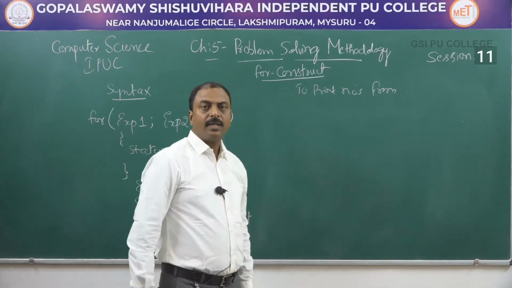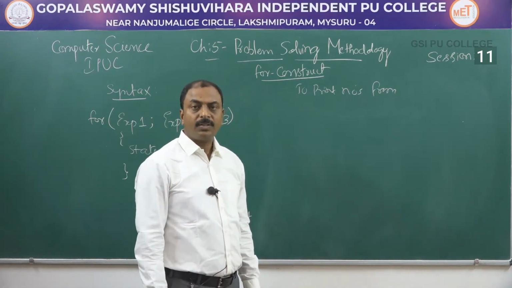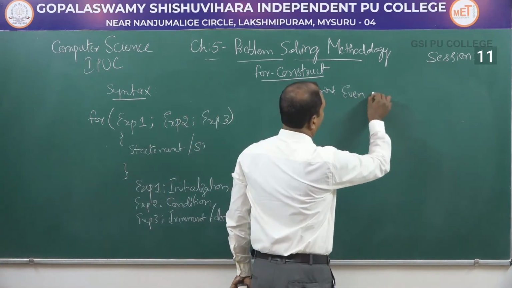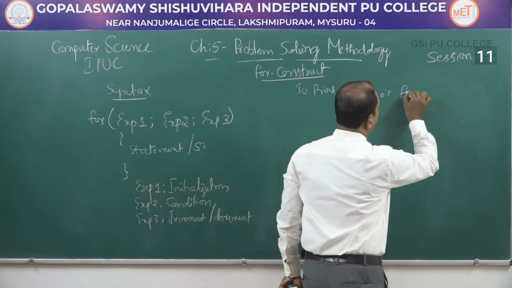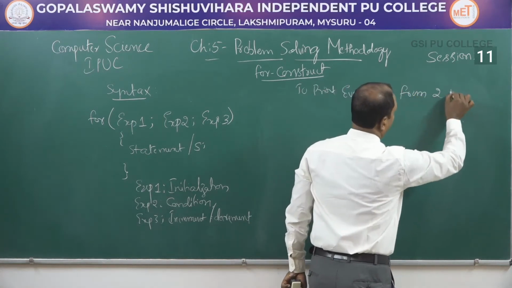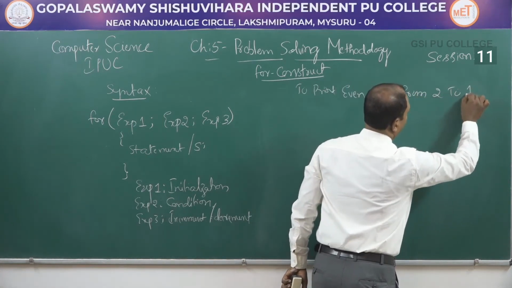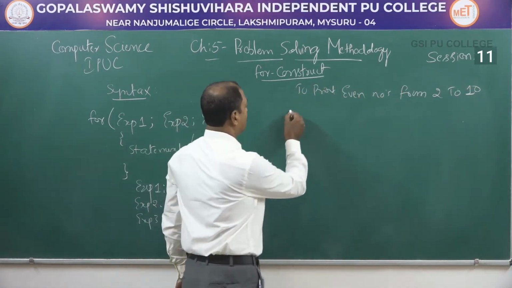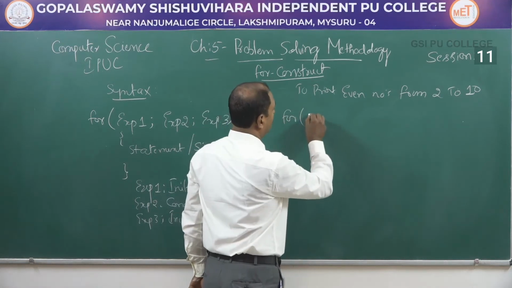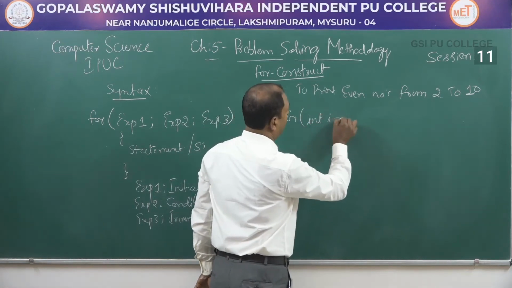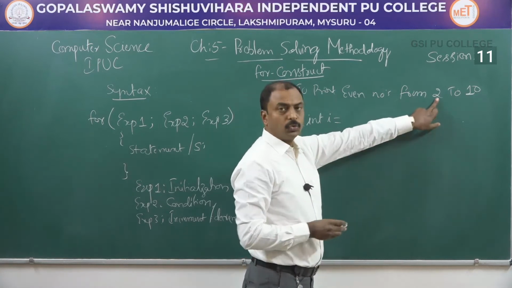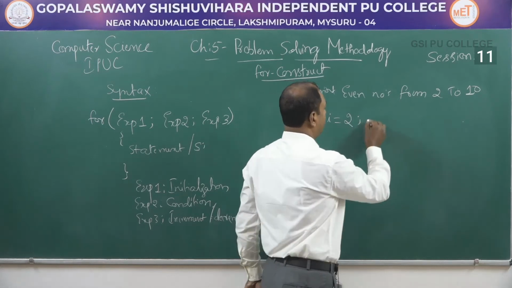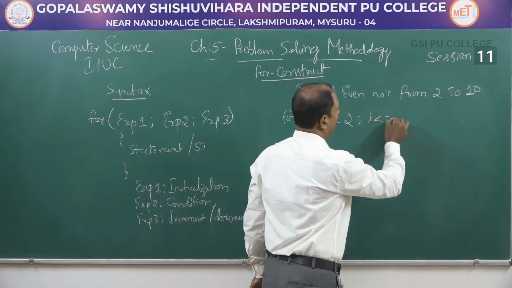Now let us write a construct to print even numbers from 2 to 10. Here start the construct for, int i, let us start with 2, because I want to print from 2. i = 2, and the condition is i value less than or equal to 10.